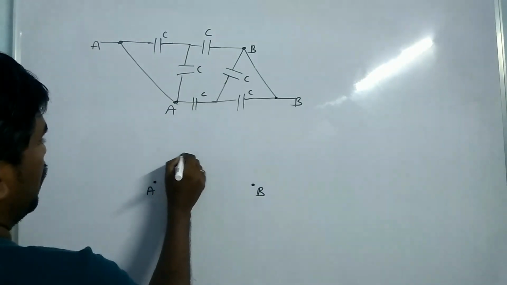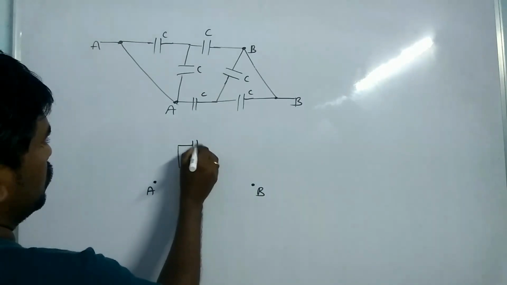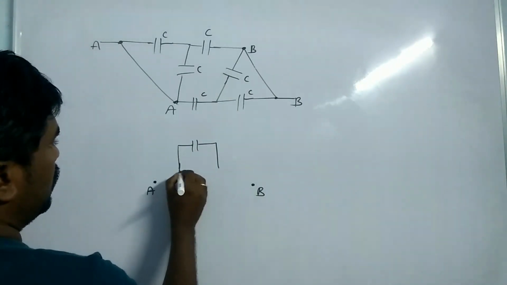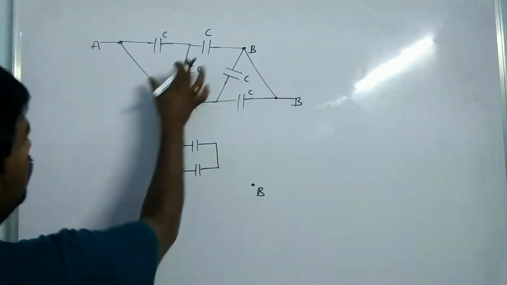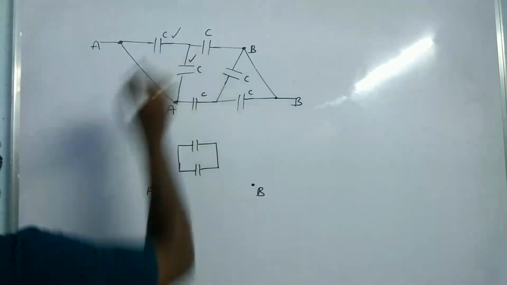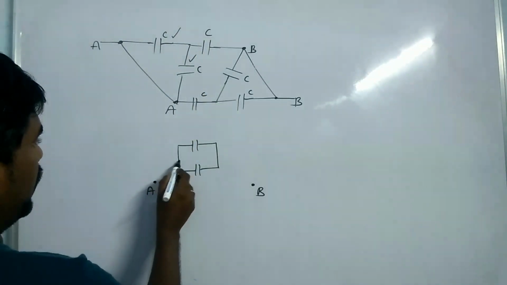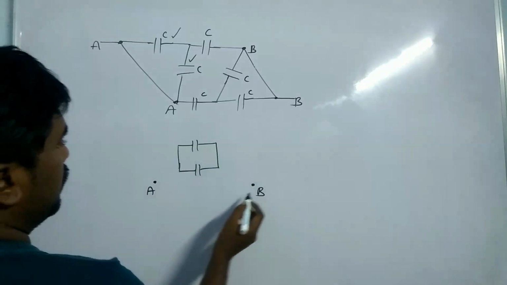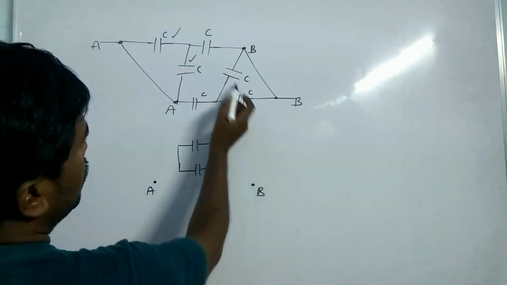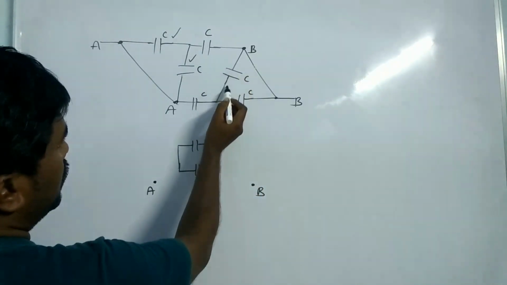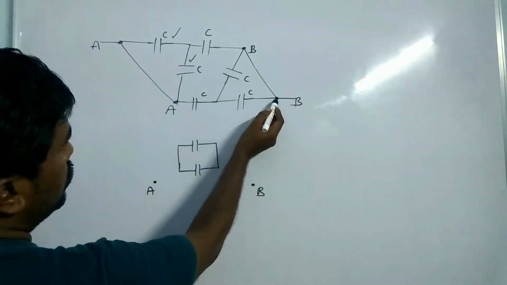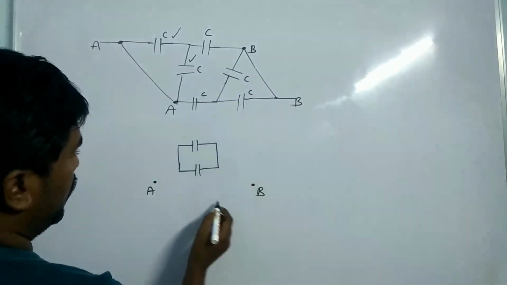There is a parallel combination of two capacitors, this one and this one. And for coming to B, this is the first end, second end, so these two are connected. This is also a parallel combination.